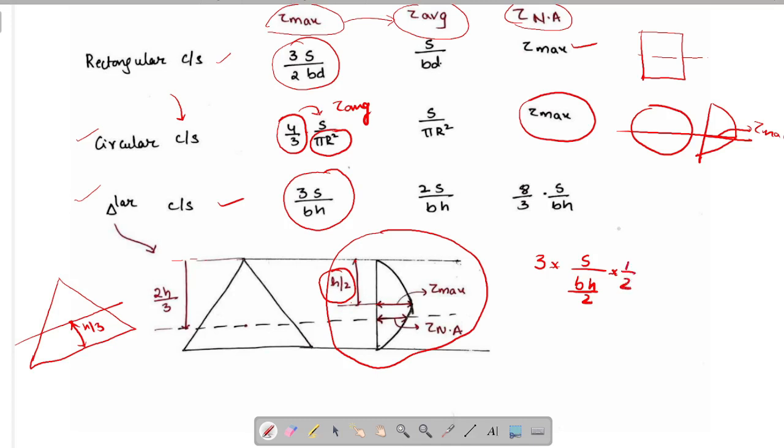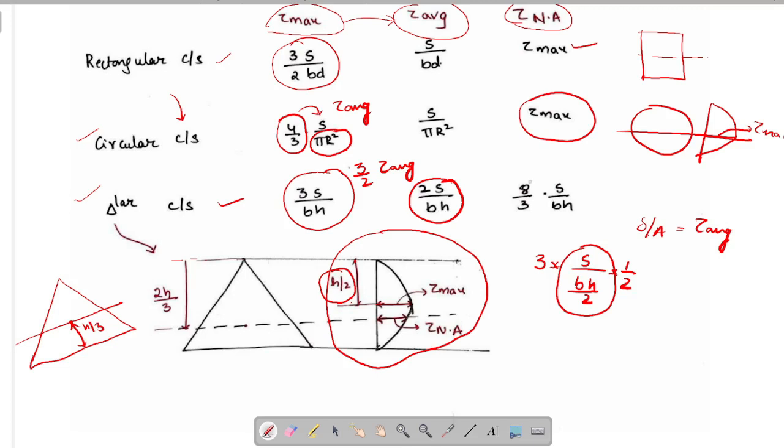Okay. We know that S by BH by 2 is nothing but S by A, which is nothing but tau average. That means in case of triangular cross section, tau max is 3 by 2 times tau average. Okay, this is the value of tau average, that is S by BH by 2.